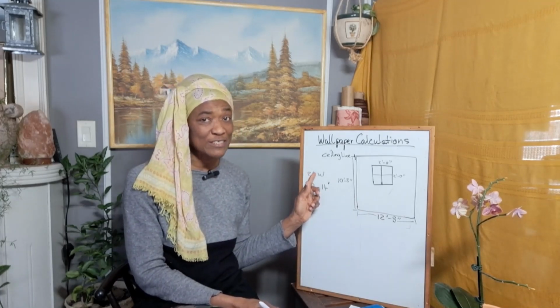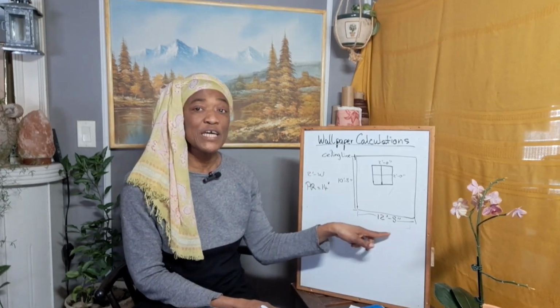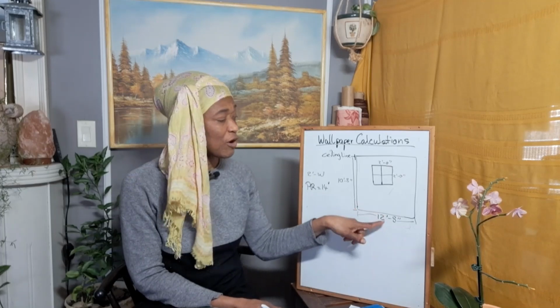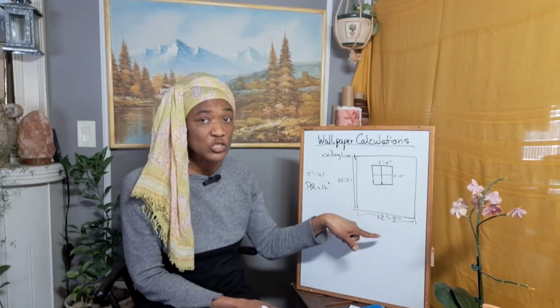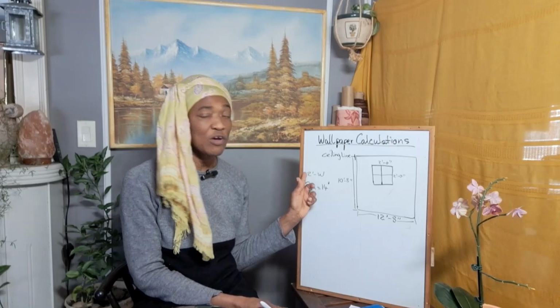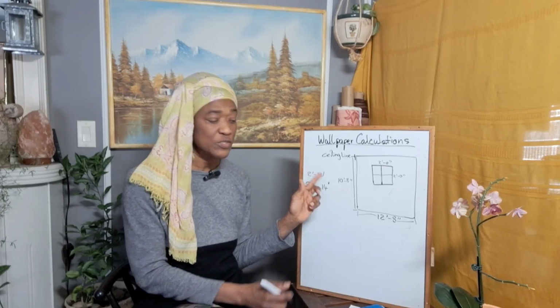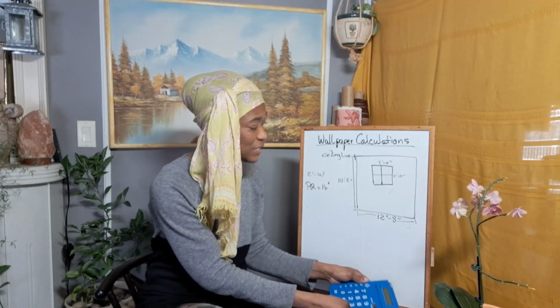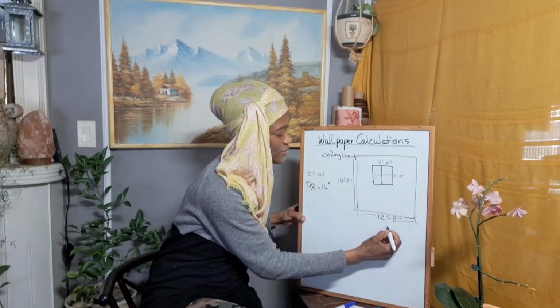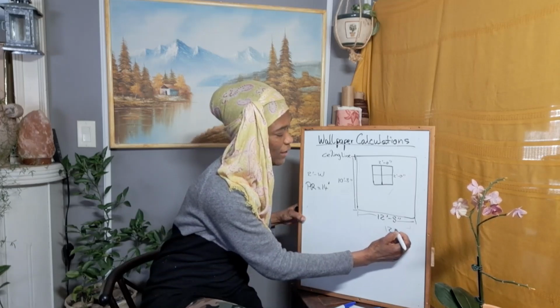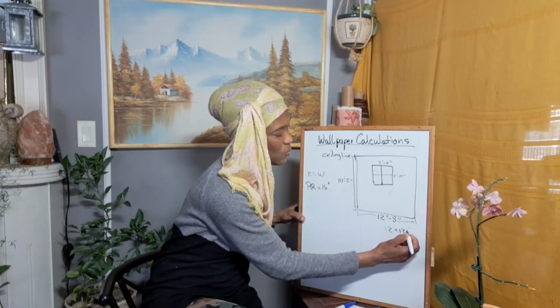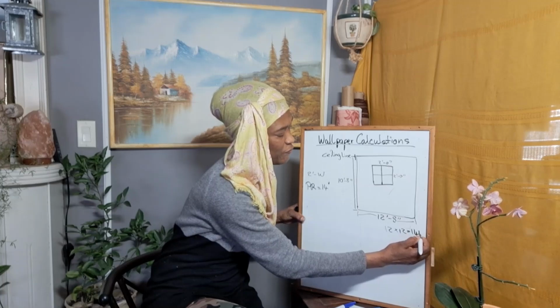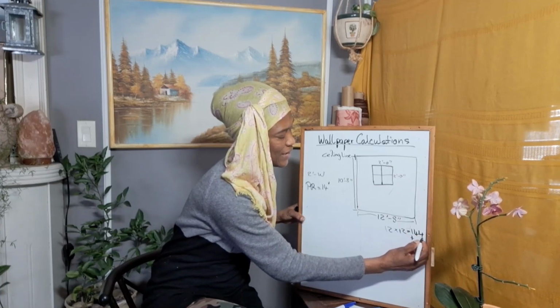2 feet. Now, because we have the inches here, we'll have to convert everything to inches, and then we'll also have to convert our 2 feet to inches. So let's do that. 12 times 12 is 144 plus 8.